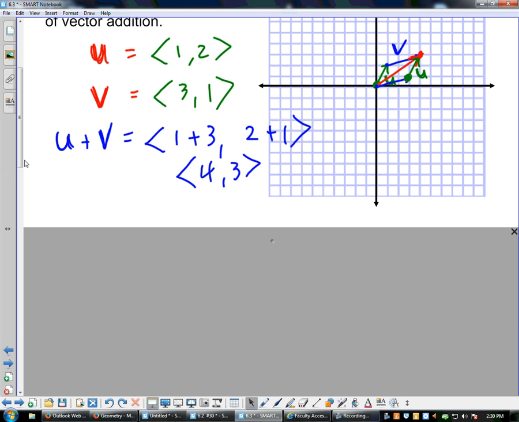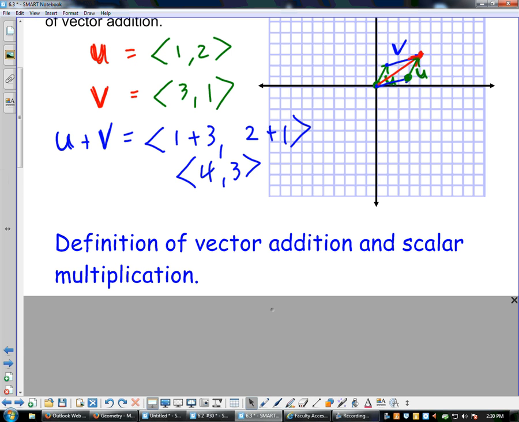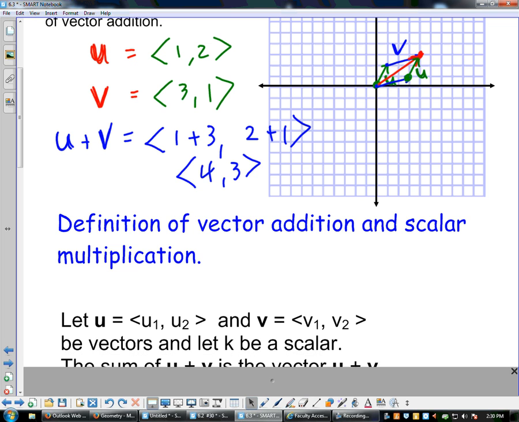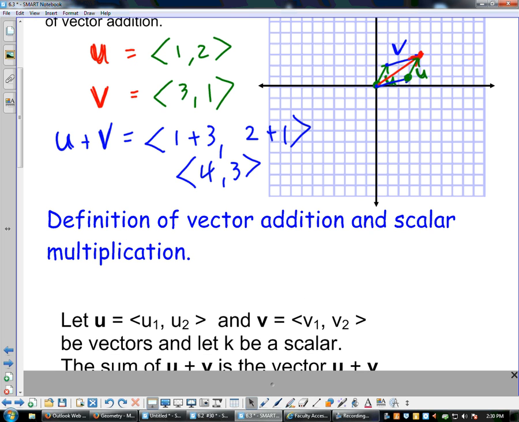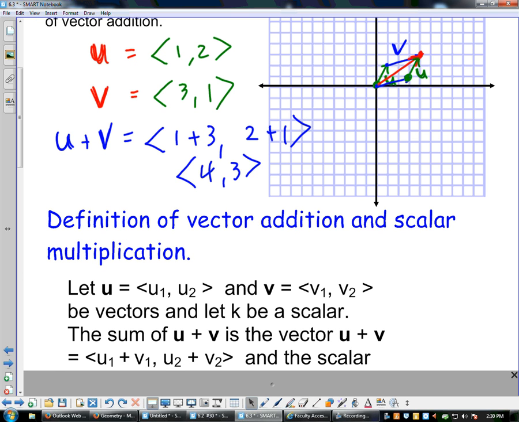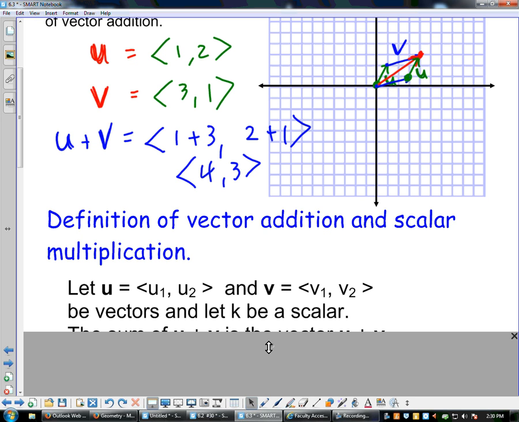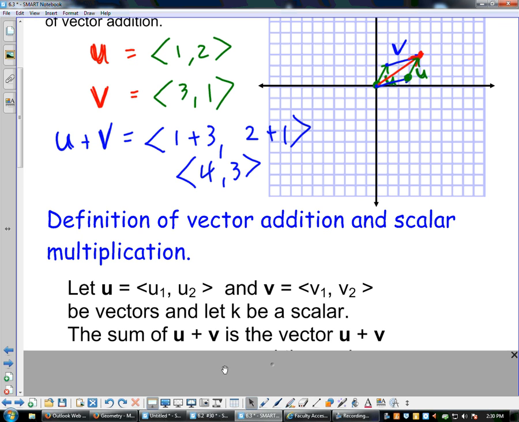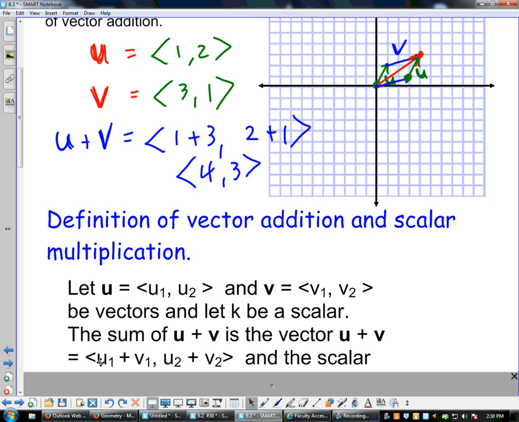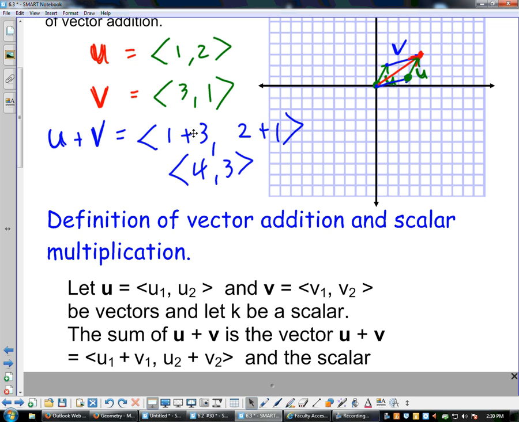The formal definitions of vector addition and scalar multiplication: if we let vector u be u1 comma u2, and vector v be v1 comma v2, and k be a scalar, then the sum of u plus v is u1 plus v1 comma u2 plus v2, which is exactly what we did right here.